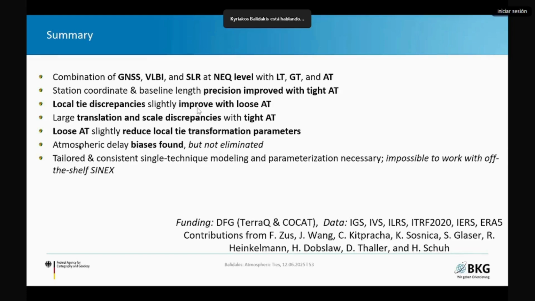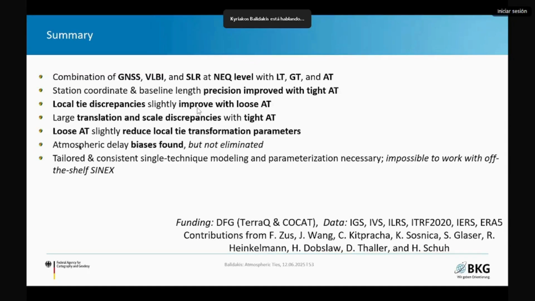What you usually find in these SINEX files are Earth rotation parameters and station positions. Currently, to my knowledge, there are no SINEX files that contain atmospheric delays. And the important thing is not the atmospheric delays themselves, but the covariance matrix between the atmospheric delays and the station positions. This is very important.